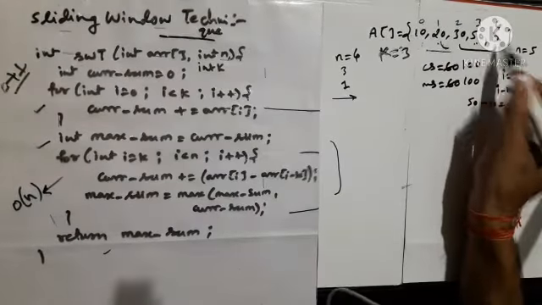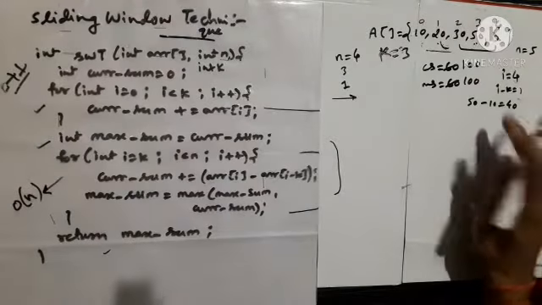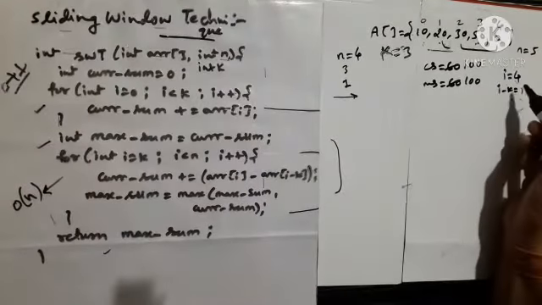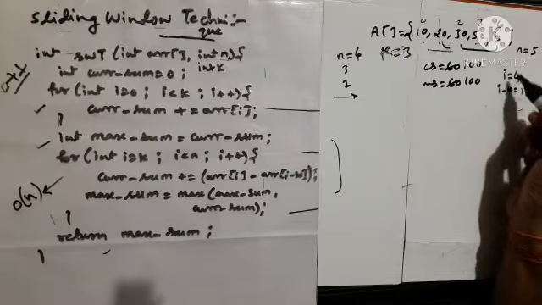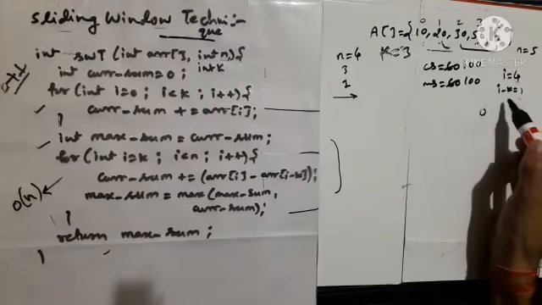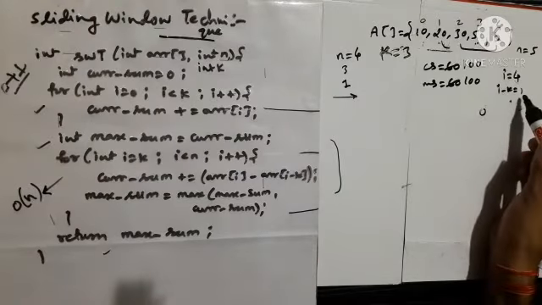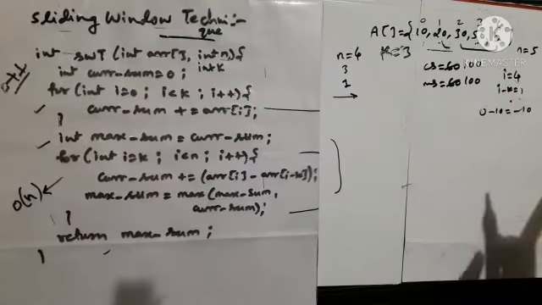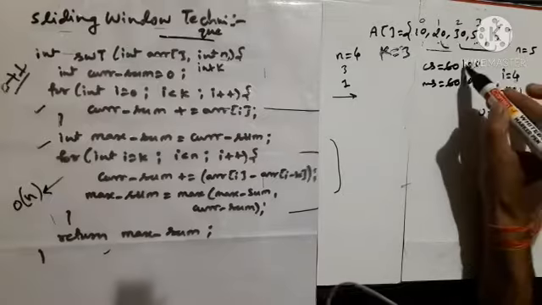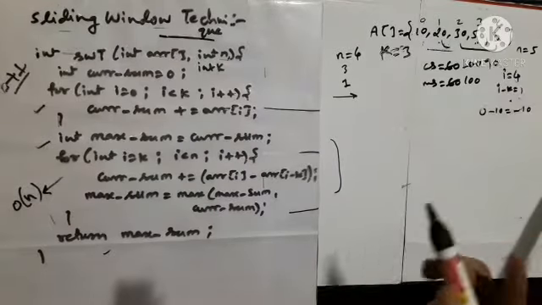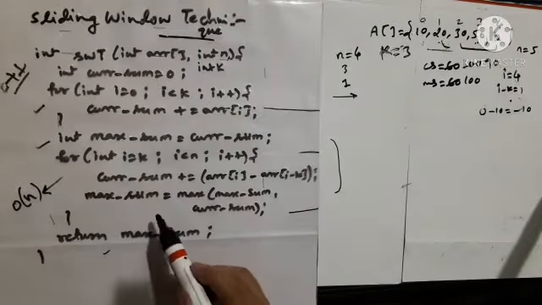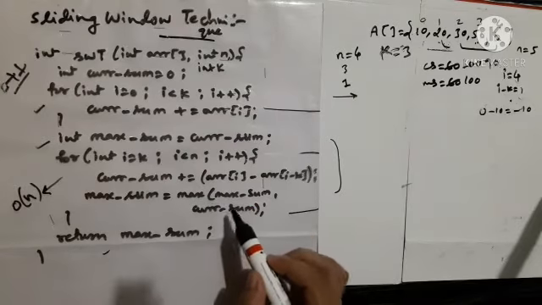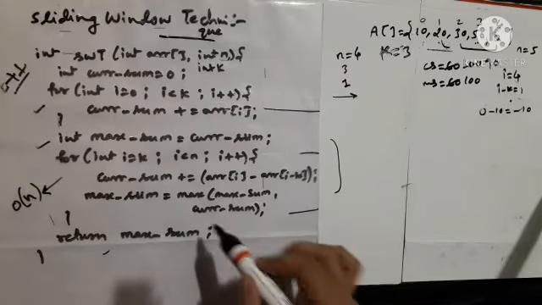Now the window is this. Let's see what is the value at index 4, that is 0. And what is the value at I minus k, that is 10. So 0 minus 10 is minus 10, and we'll assign minus 10 into this. Now my current sum contains 90, but max sum will always take the maximum of the previously calculated max sum and the current sum.